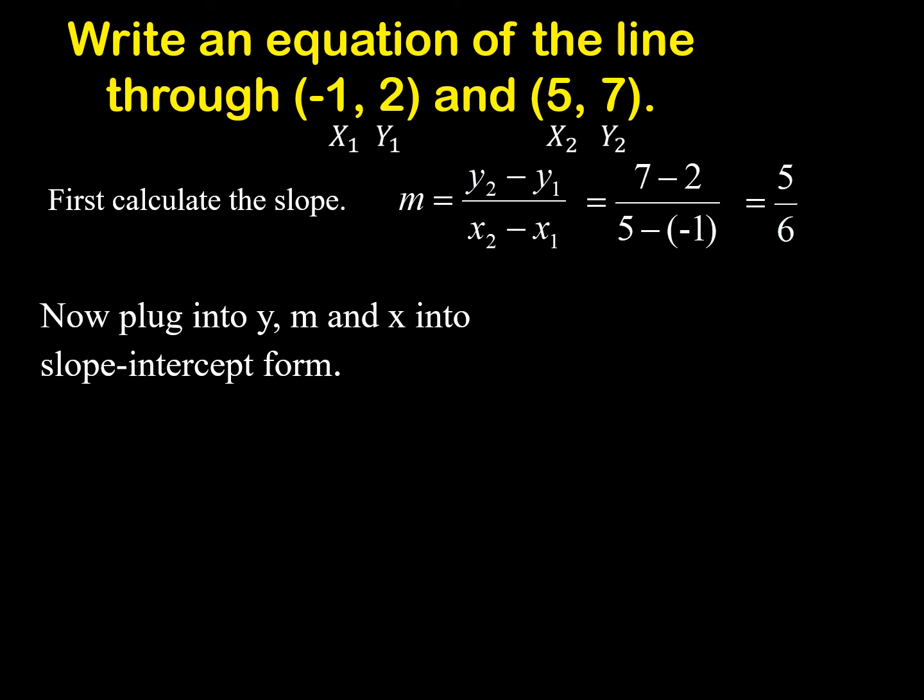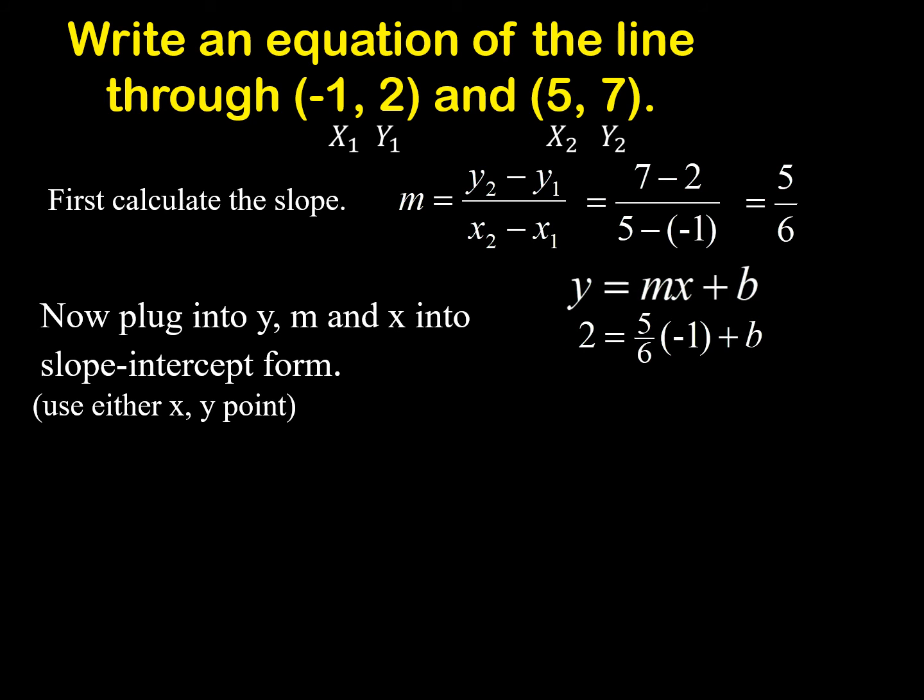And then we are going to plug in y, m, and x into slope-intercept form. Use either x or y points, okay? So y is equal to mx plus b. So from here, we are going to use -1, 2, okay? Either of the 2 points will do.